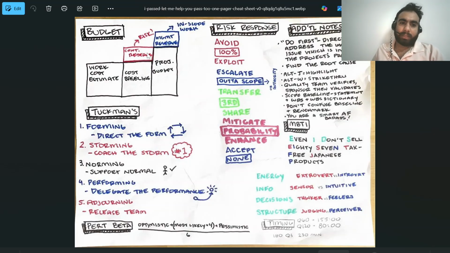Starting from the budget part, the first one is the work cost estimate. As the name suggests, it's the total amount of money, the total cost that is going to be there if I wanted to complete any work. A simple example that I've created for myself: let's suppose today is my birthday.